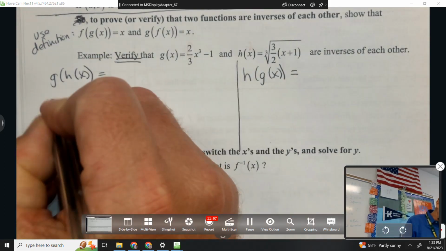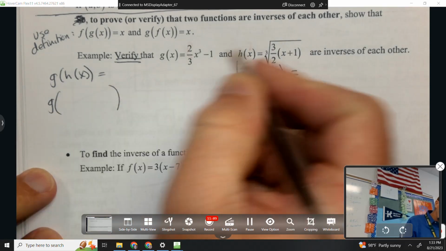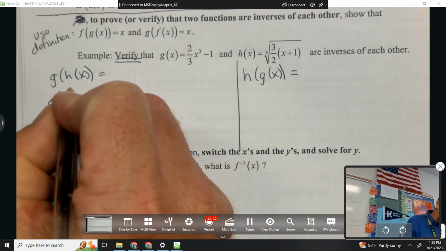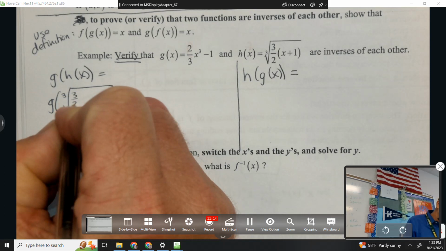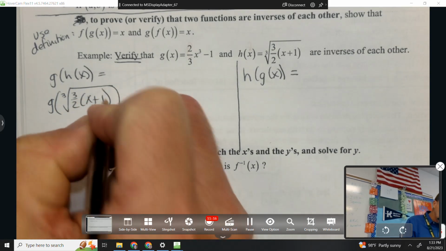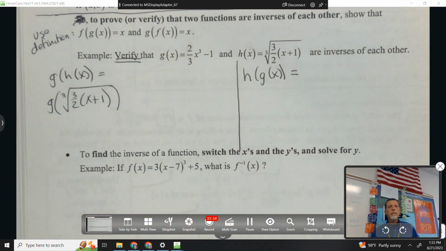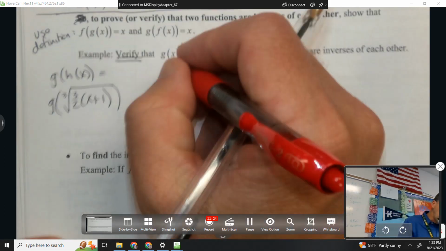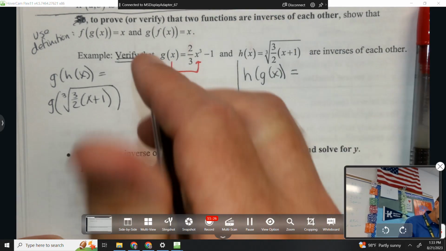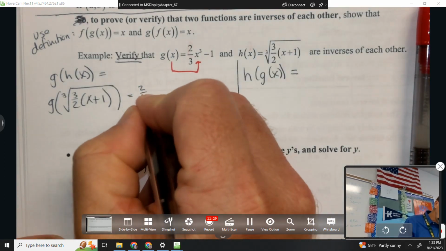So g of h is kind of a mess. Cube root of 3/2 x plus 1. That means all of that h function is now the input to the g function. The g function is 2/3 times the input cubed minus 1.